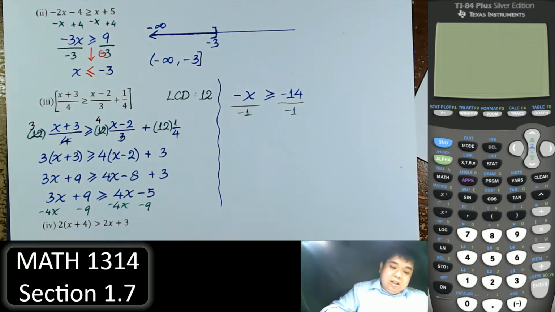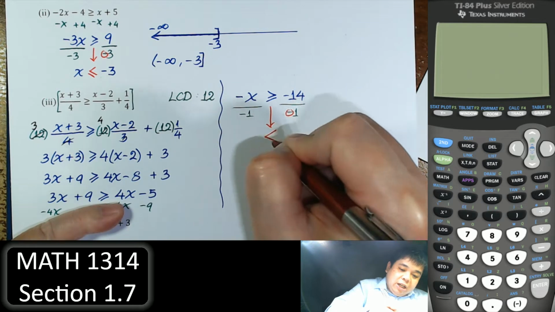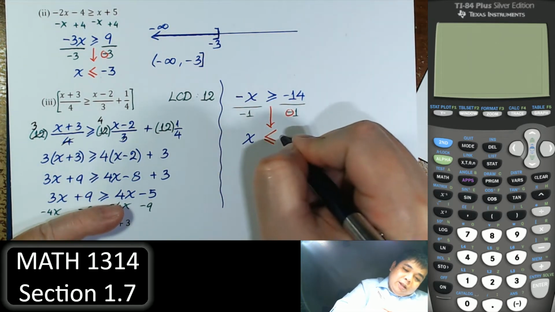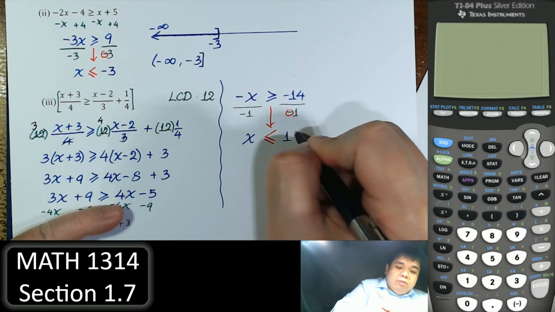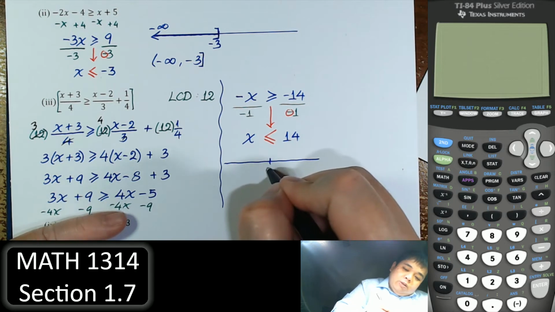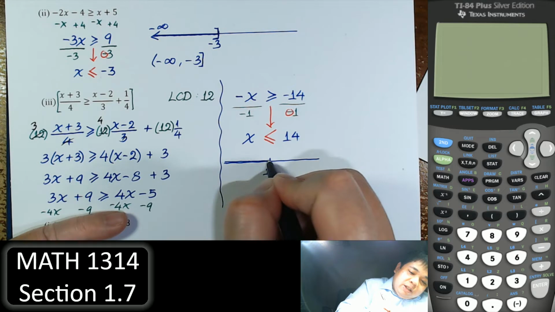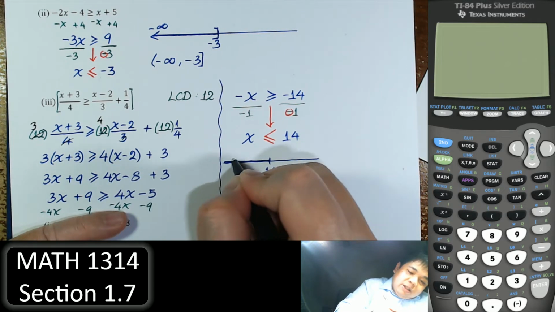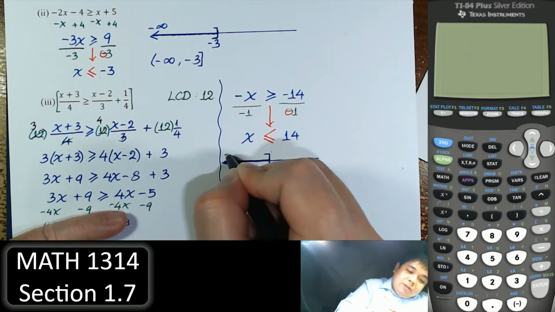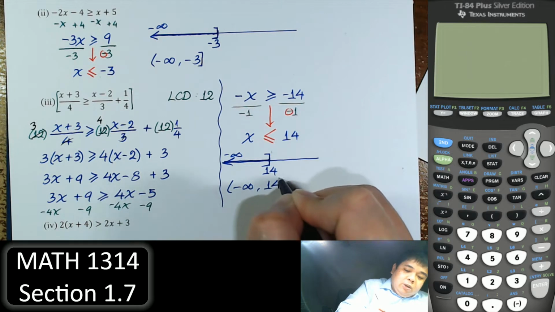Once again, it is a negative number, so the inequality is reversed. And negative divided by negative is positive. So it's 14, and it's less than, so it's on the left. It has an equal sign, so the bracket. So we say from -infinity to 14, including 14.